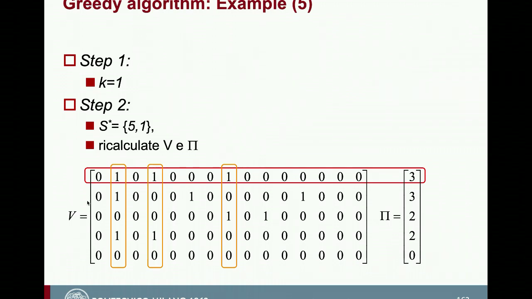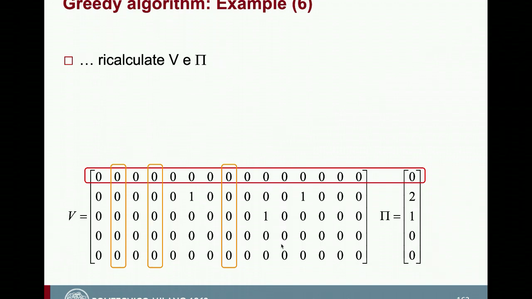So again, we have to consider the 3 test points that are covered by candidate site 1, and then we put zeros in the corresponding columns. Okay, so we do the recalculation, and we now have the new values for the set Pj, in the column here.